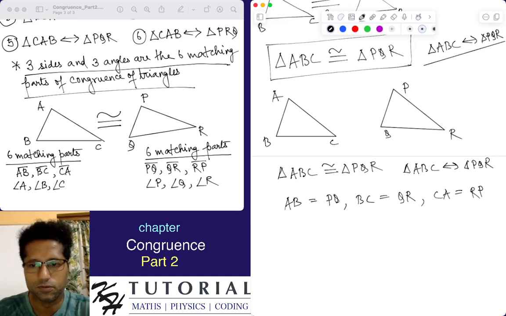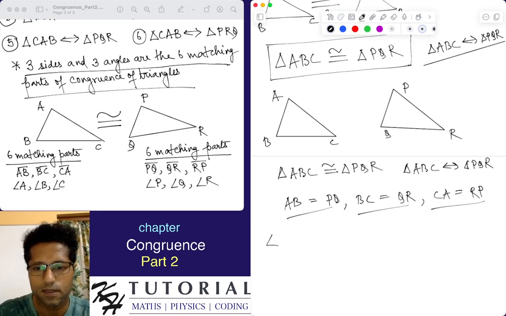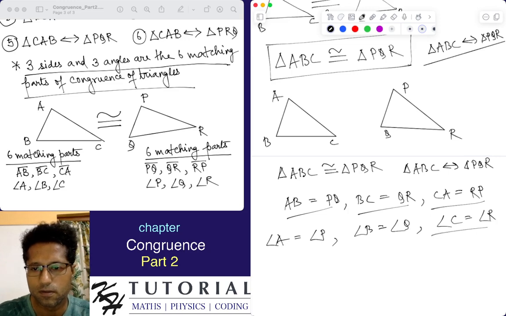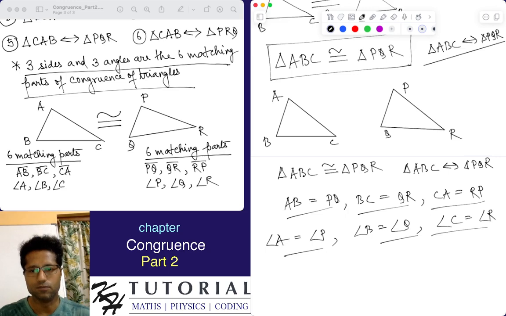And I also have to check whether angle A is equal to angle P, angle B is equal to angle Q, and angle C is equal to angle R or not.